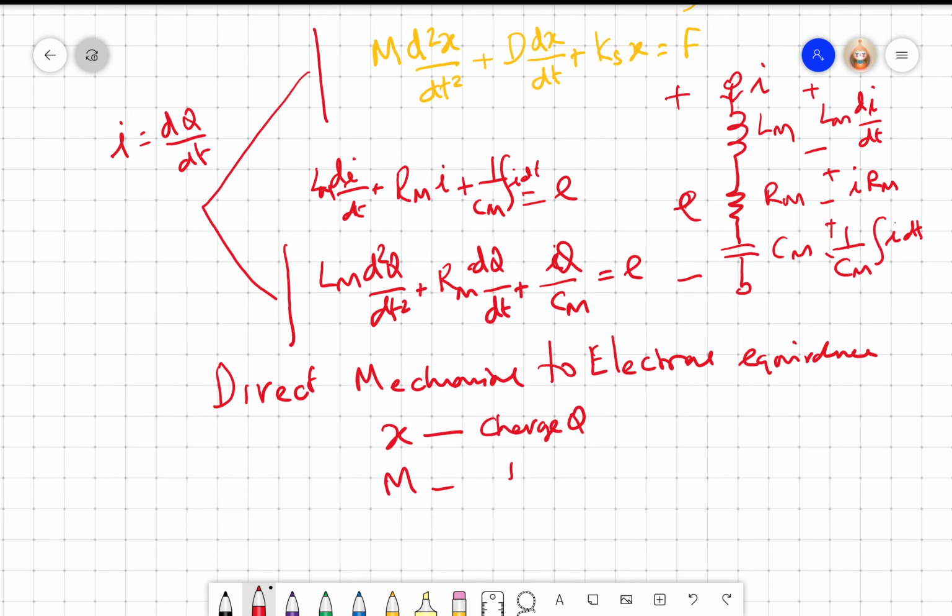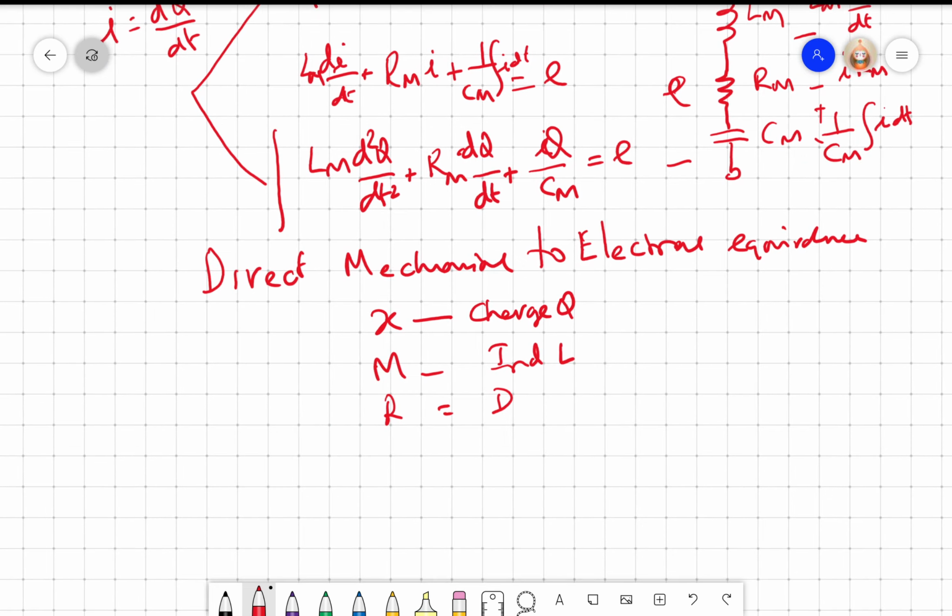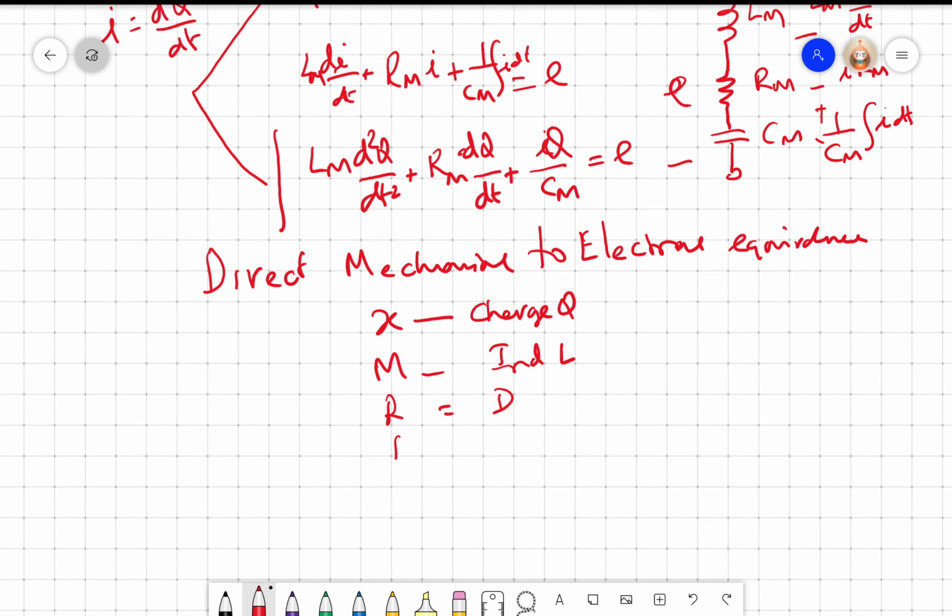Mass is inductance L, R is damping constant D, spring constant Ks is 1 by Cm. Sorry, this side it should be damping is Rm, inductance Lm, 1 by Cm.